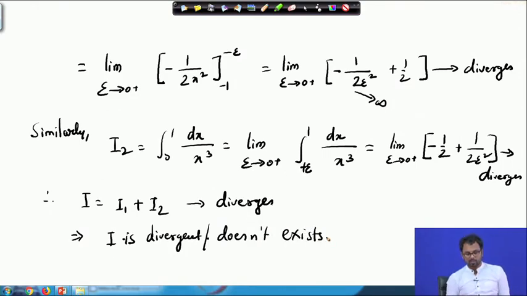So just splitting the interval into two subintervals, we evaluate each one of the subintervals, and if any one of them is divergent, or if both of them are divergent, then the whole integral I would be divergent, and if both of them are convergent, then the whole integral I would be convergent. So this is one way to check whether the given integral is convergent or not.